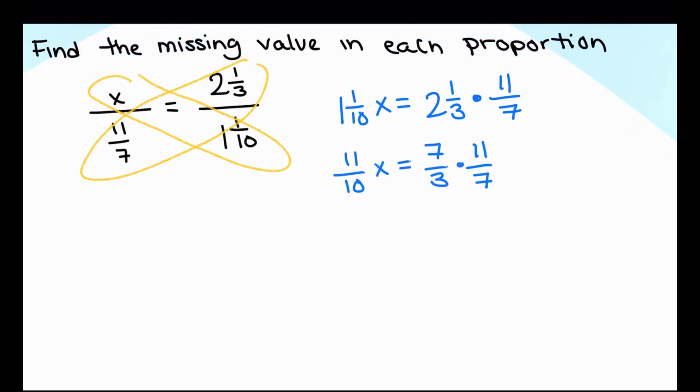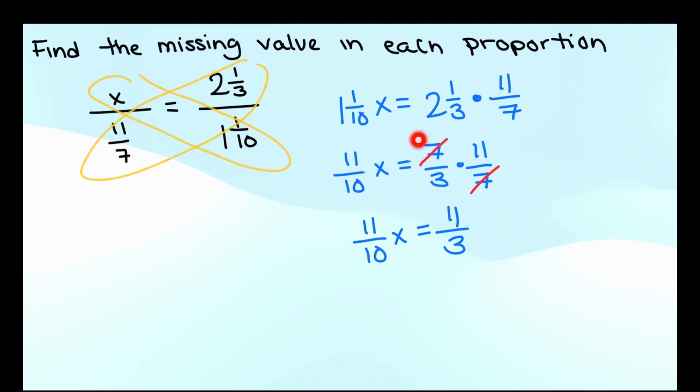Then I'm going to change all my mixed numbers into improper fractions. 1 times 10 is 10, plus 1 is 11. So 1 1/10 is 11/10. 2 times 3 is 6, plus 1 is 7. So 2 1/3 is 7/3. And then 11/7, I can just leave as is.